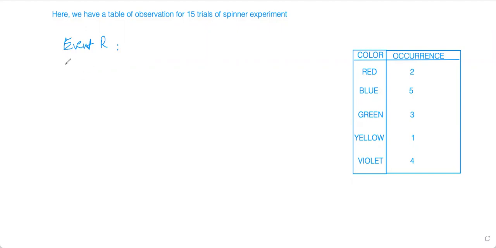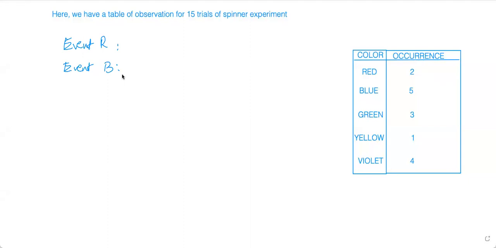And event B is getting a blue on spinning.